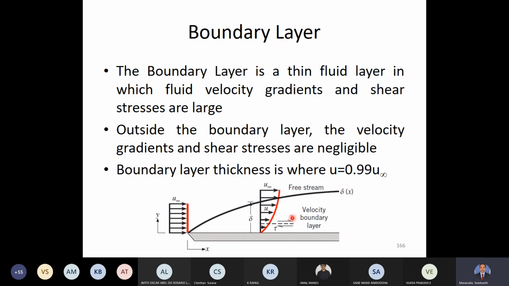And that means you can see velocity variations inside this boundary layer, but these velocity variations are becoming flat because the height is increasing. Therefore, in the initial regions, close to x equal to 0, the velocity gradients are quite steep. Whereas as you move away from the edge of the plate, the velocity gradients will become flat.